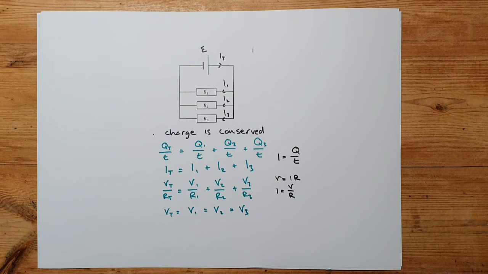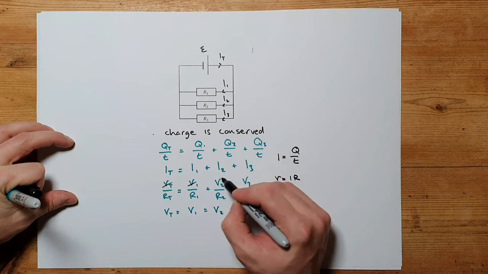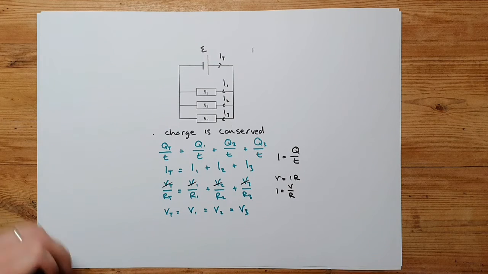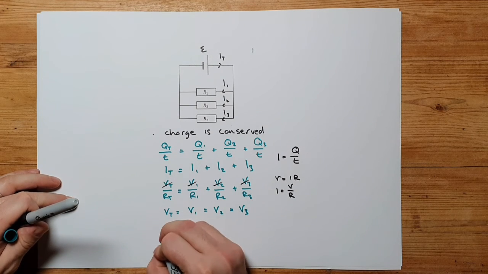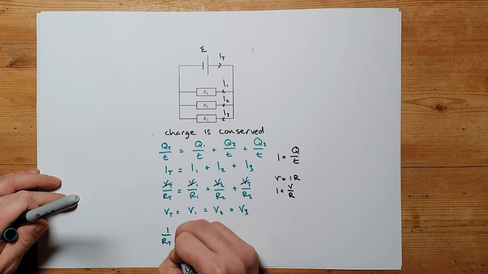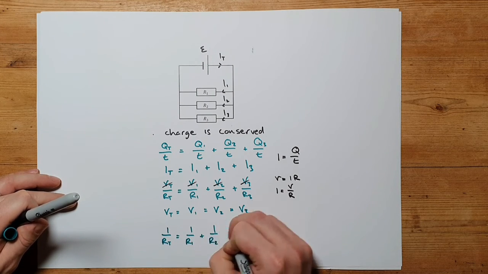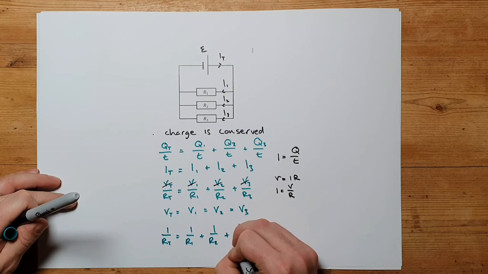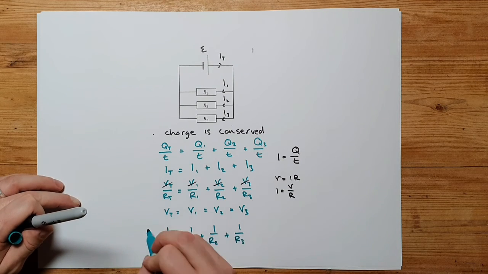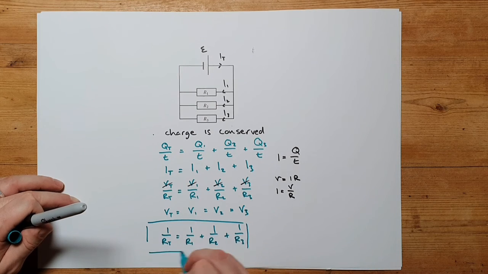Now the nice thing about this is that all of our voltages can cancel out of this formula, and that leaves us with 1 over R total is equal to 1 over R1 plus 1 over R2 plus 1 over R3, which is our resistors in parallel formula.